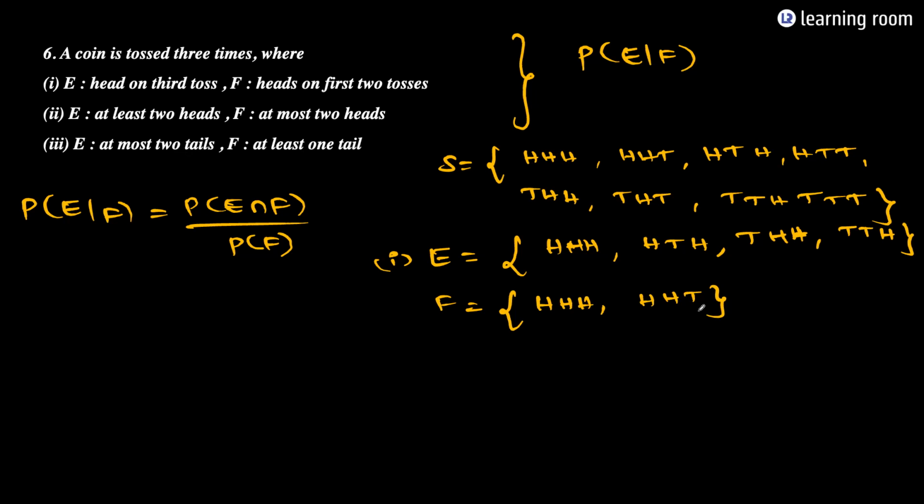Now tell me, what is the probability of E intersection F? 1/8, only one is common, no? 1/8 divided by probability of F.